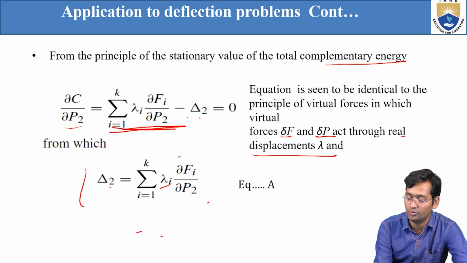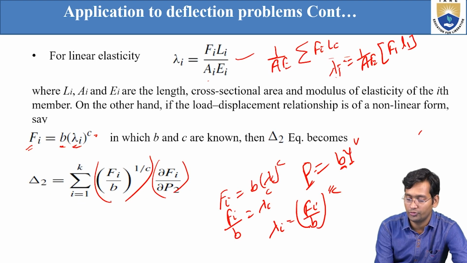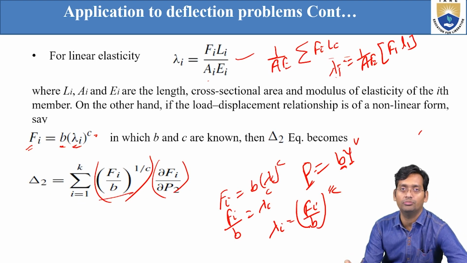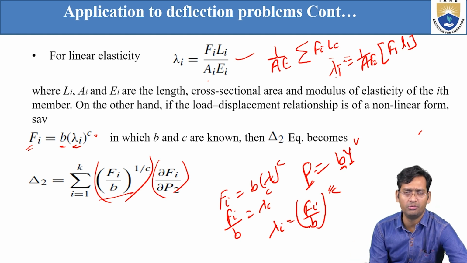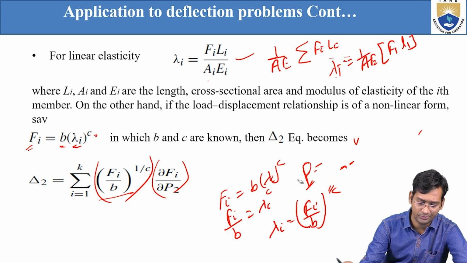So this is the lambda value. Now, depending upon whatever value is there, just put that in and we will get the deflection.